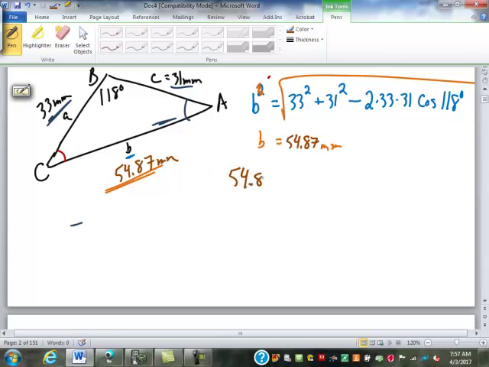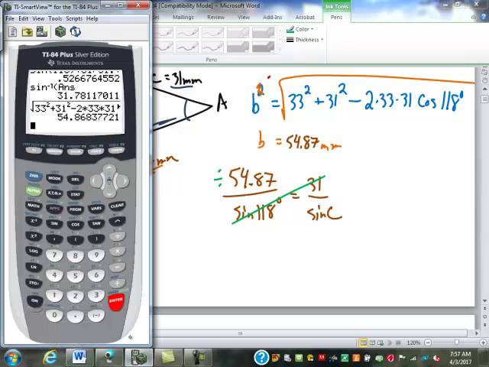So 54.87 is that side length over the sine of 118 equals, again, we'll still stick with taking the shorter one, 31 over the sine of C, and we'll cross multiply and divide.